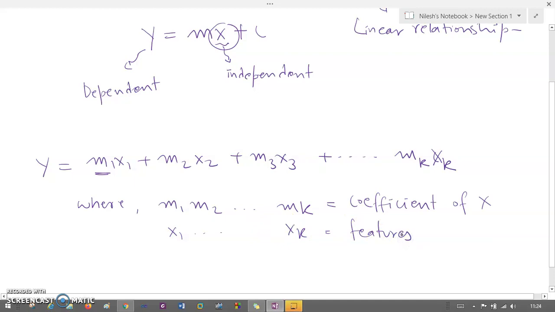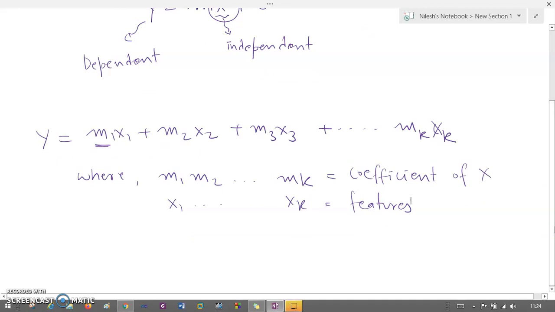So all these features have some coefficients, and when I say coefficients, these coefficients are nothing but weights. So you can write this m1 as a coefficient, or you can write it as a weight. Every feature has some weight associated with it.